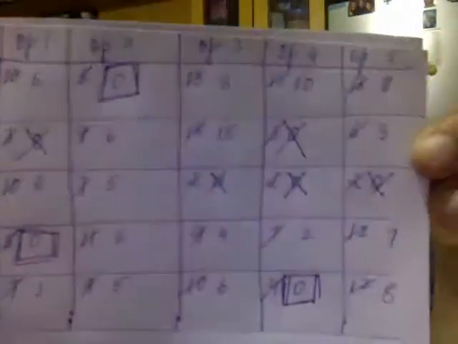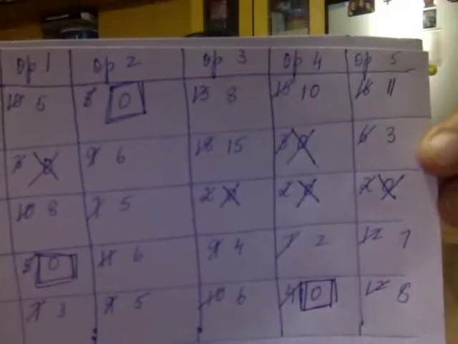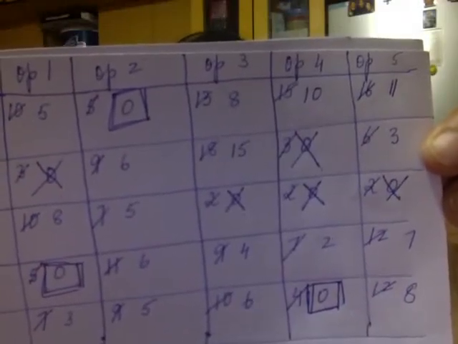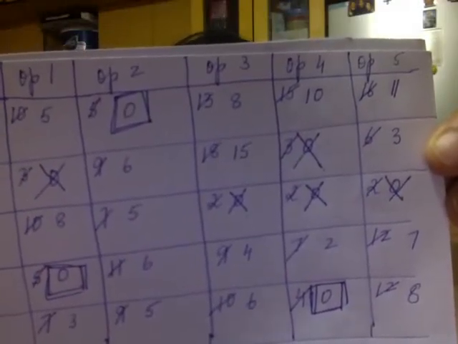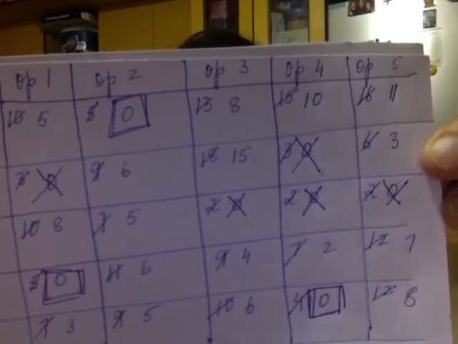See, I repeat, in row A, there is only one zero, in operator 2, so allocate it, make a square. Operator 2 gets machine A. Alright?